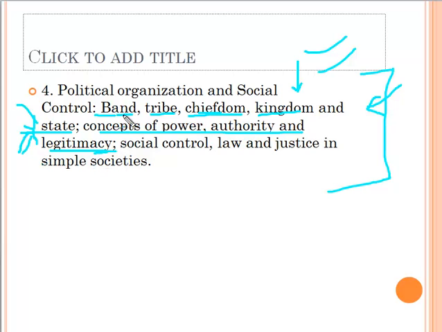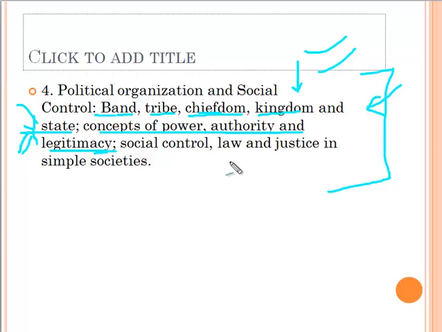However, in band society or in tribe society, you will get power and authority because you are very apt in a certain thing. Let's say you are very good in hunting, or you are a shaman, so you are good in healing people, or you are able to predict different things, let's say magical things and all.